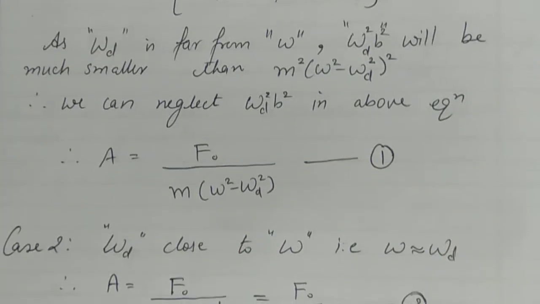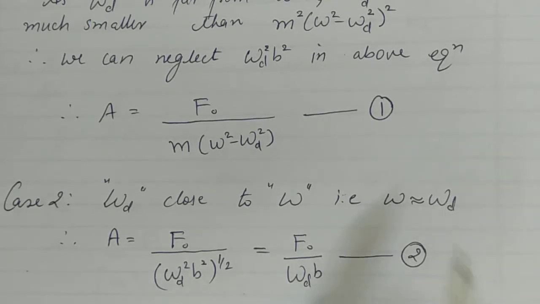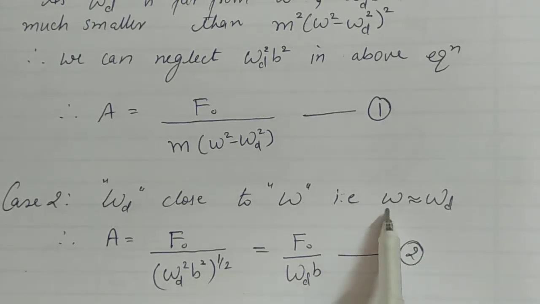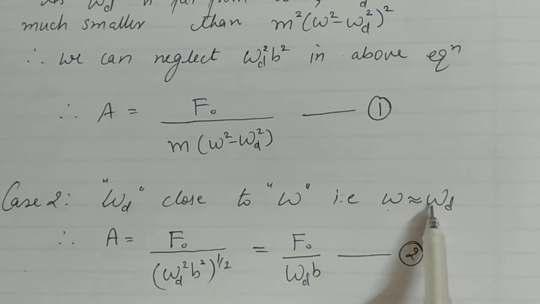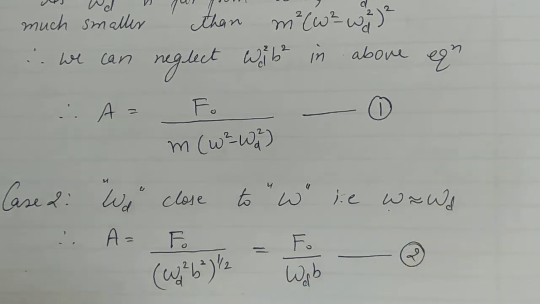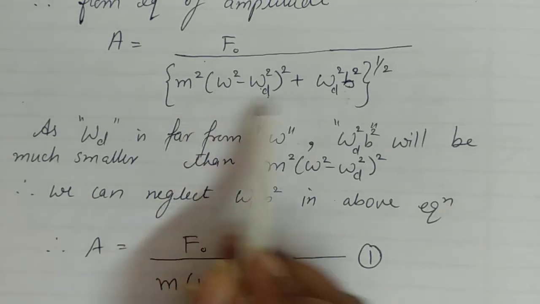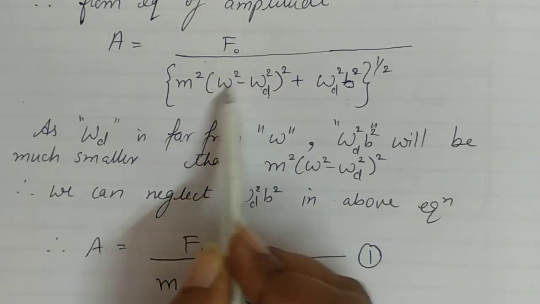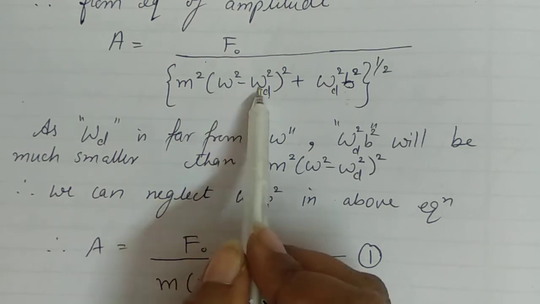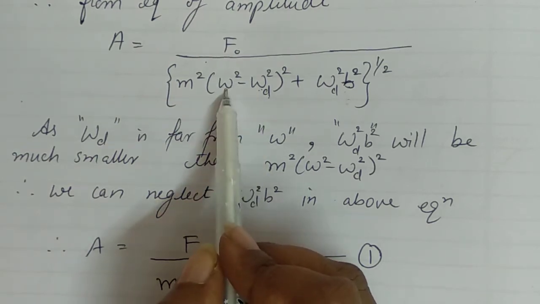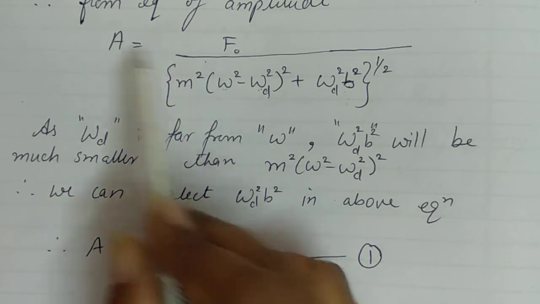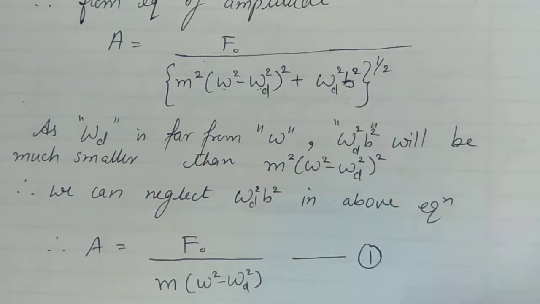Now we'll consider case 2, where the natural frequency is approximately equal to the frequency of the driving force. If this is the case, then what happens? See, this is the formula for amplitude. Now, if these two are more or less similar, then this quantity will become 0. If this quantity becomes 0, then amplitude will become f0 upon this quantity.